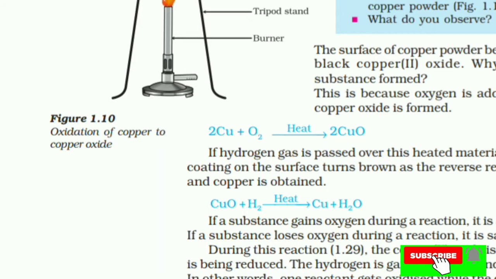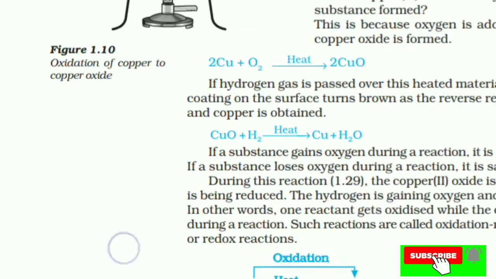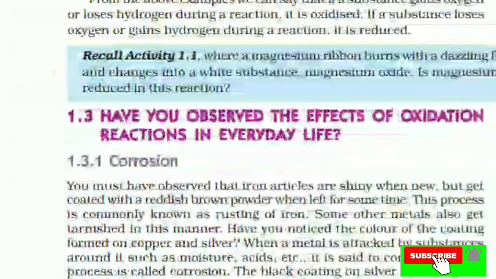In case of hydrogen, it goes opposite to oxygen: once it gains hydrogen, it is a reduction, not an oxidation. But in case of hydrogen, once it loses hydrogen, it is an oxidation reaction. So then this chapter is over.